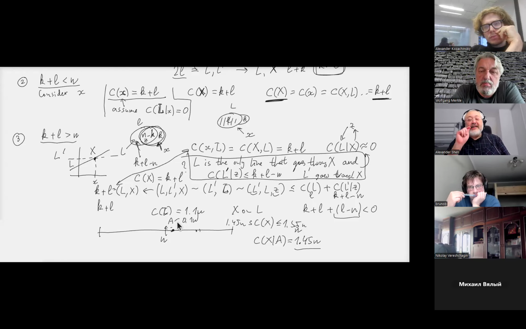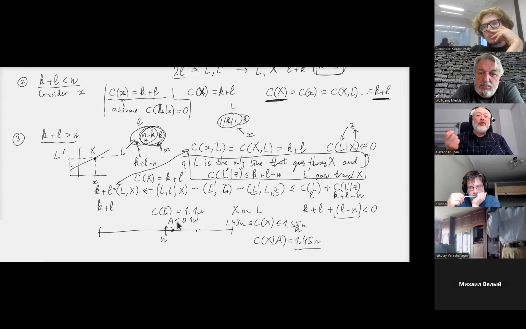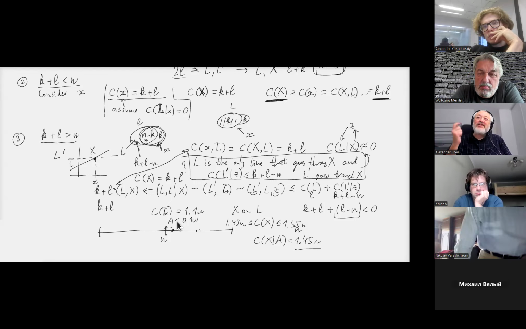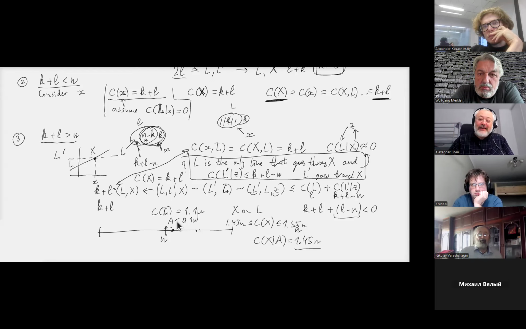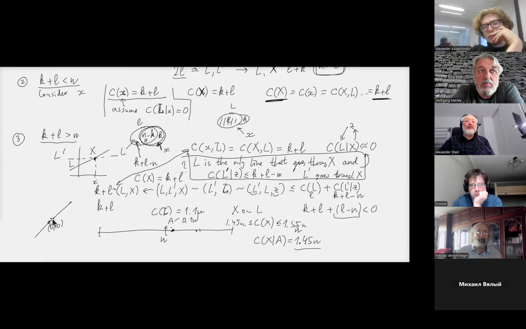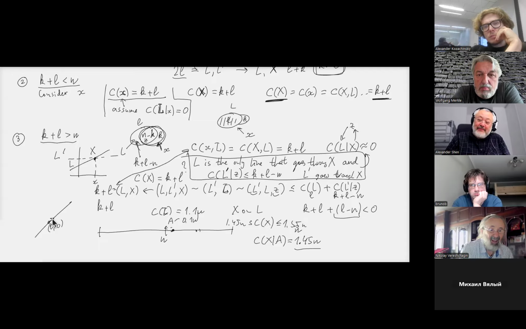You cannot say that if you move a point along a line slightly, then complexities change only a bit, because one coordinate's complexity changes a bit, but the other coordinate can change significantly. Like with a line which goes through 0, 0, when we switch to any other point, the complexity makes a jump. So there is no continuity.